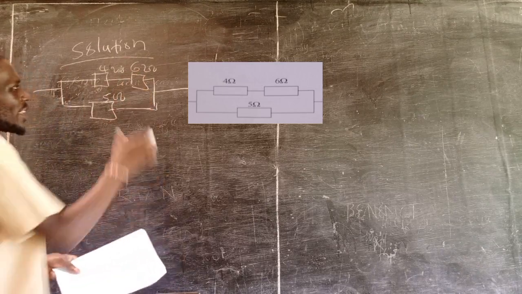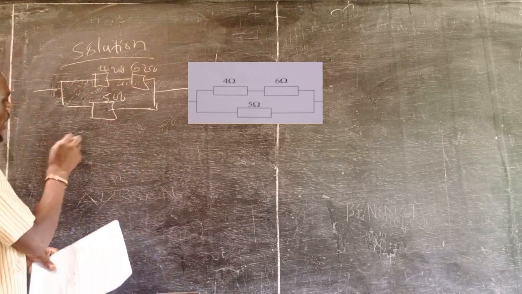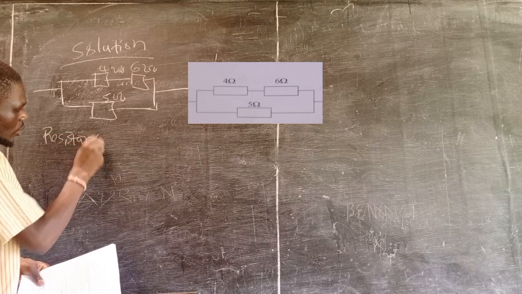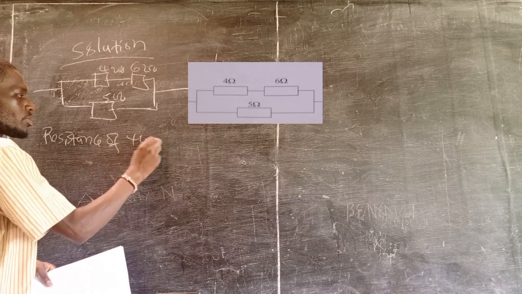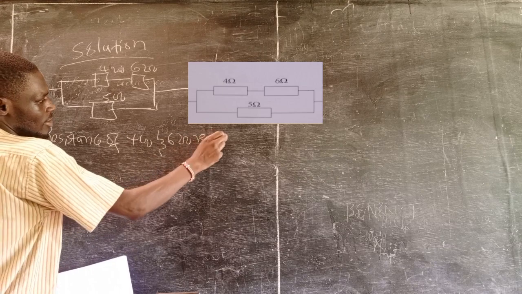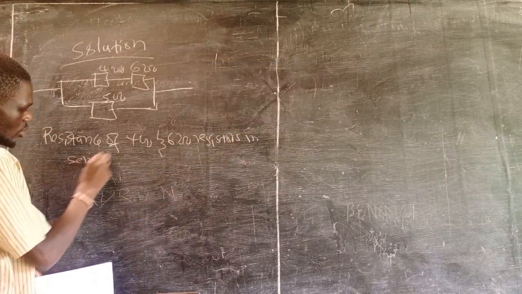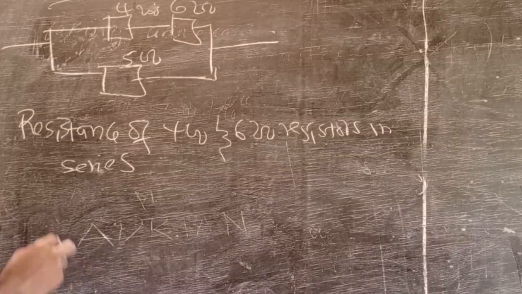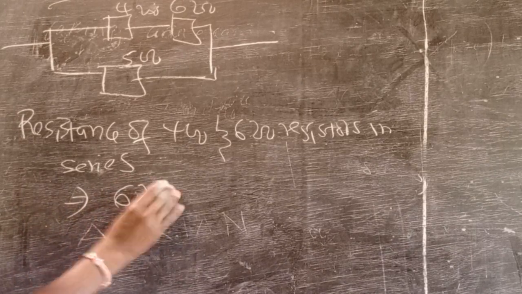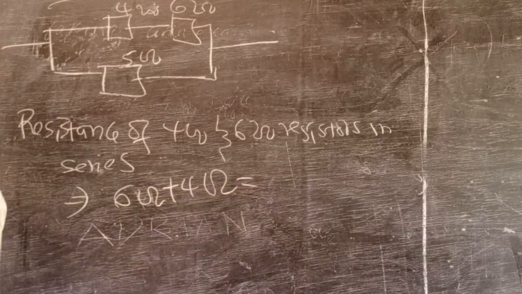Now, how are we going to find the total resistance in this one? First, we find the resistance of the 4 ohm and 6 ohm resistors in series.